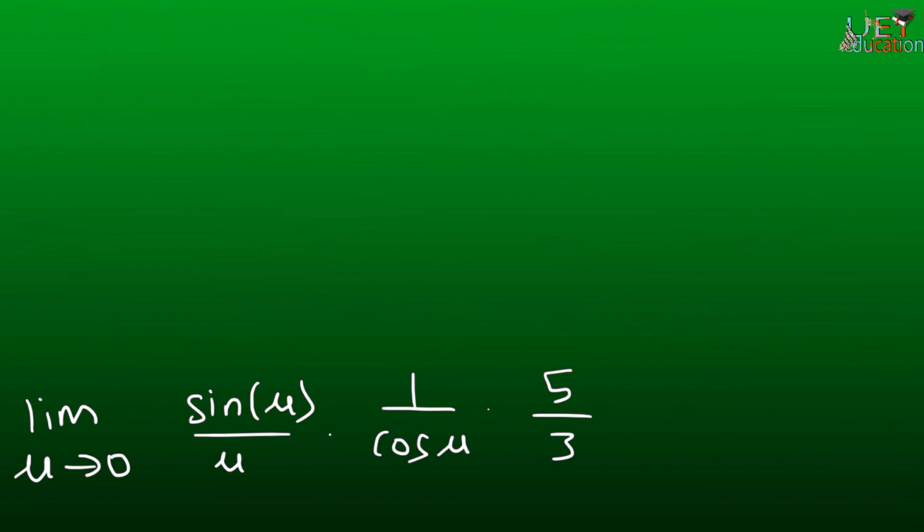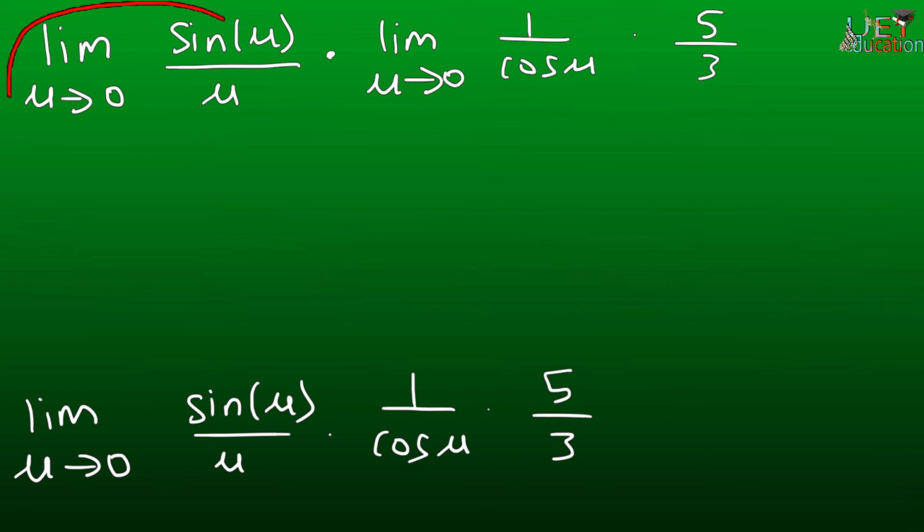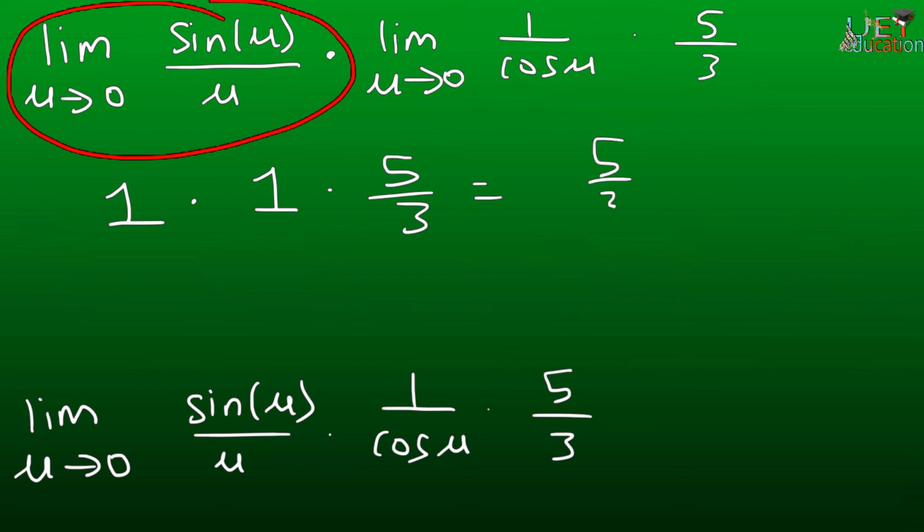So, using the multiplication property of limits, what we could say is we now have the limit as u approaches 0 of sine u divided by u times the limit as u approaches 0 of 1 over cosine u, and then times 5 over 3. So this expression, we know it's equal to 1. Now, cosine of 0, we can use direct substitution for this one. Cosine of 0 is 1, and then we have times 5 over 3. So therefore, this is going to be the answer, 5 divided by 3.